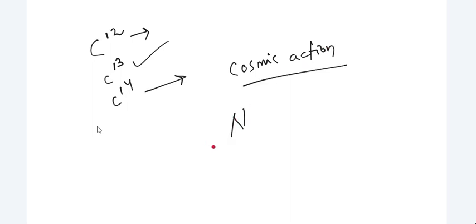When nitrogen 7,14 is hit with a neutron, it produces C 6,14 plus a hydrogen.